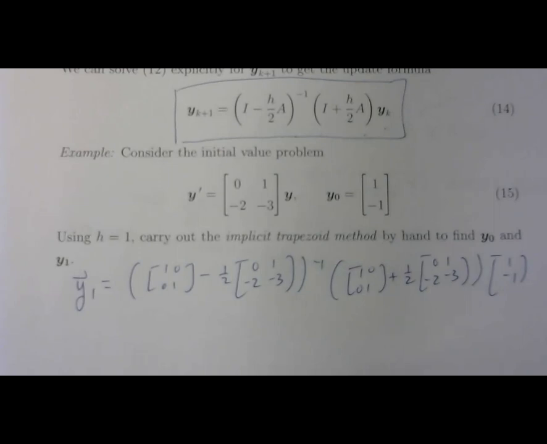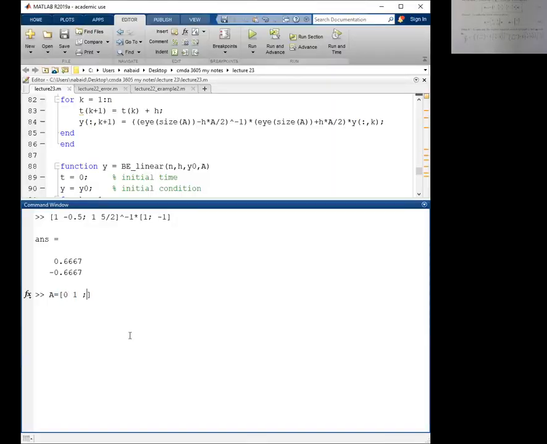We can go over to MATLAB, share the screen with you again. So A is [0, 1; -2, -3]. And I want the 2 by 2 identity minus 0.5 times A, to the minus 1, times the same thing with a plus, times [1; -1].